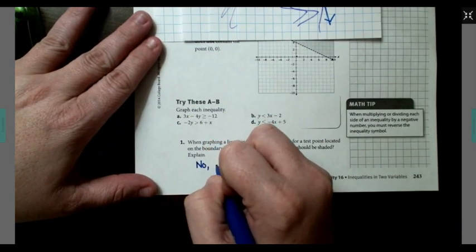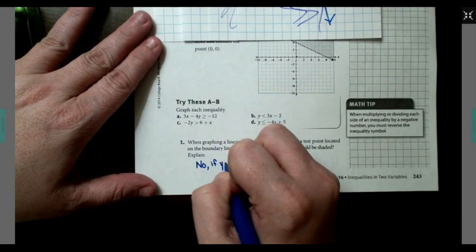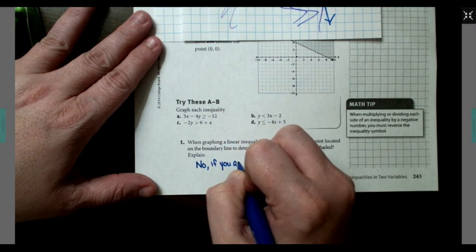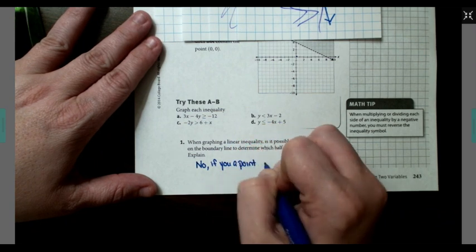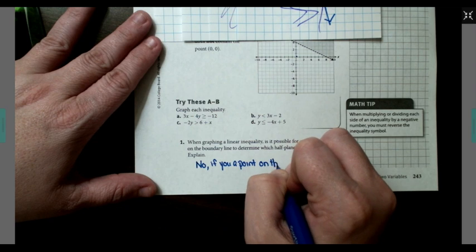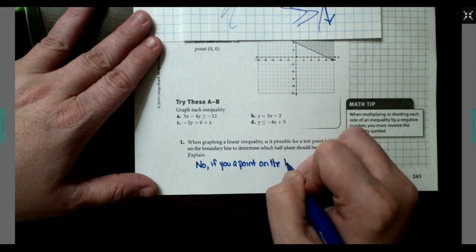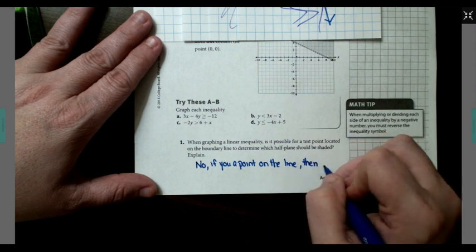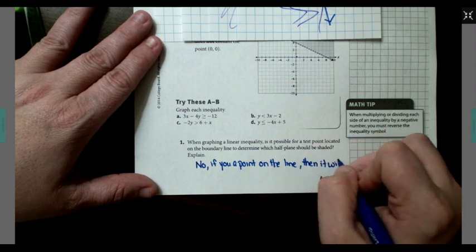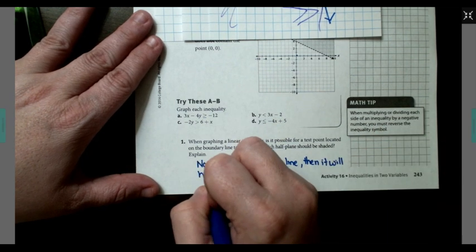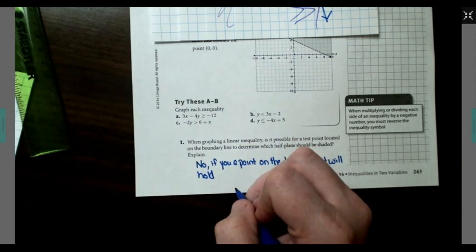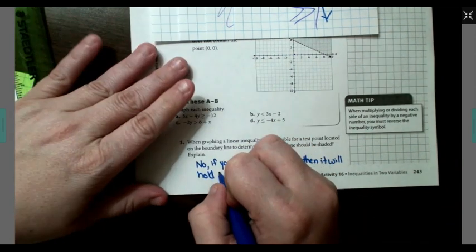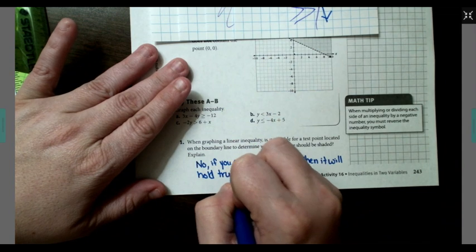No. If you use a point on the line, then it will always hold true.